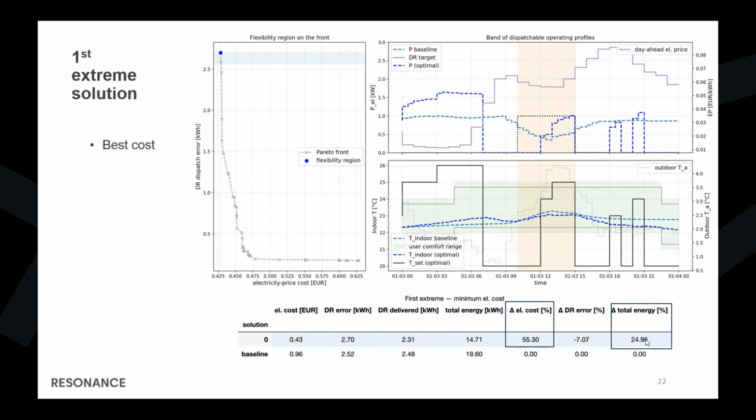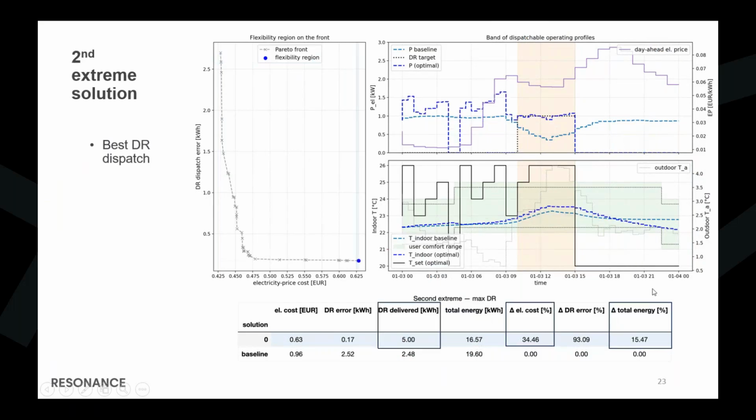Now we go to the second extreme solution, which maximizes the DR dispatch. So again, on the opposite side, here we have the other solution, which has the best DR dispatch, or the lowest error on following the DR target, right?